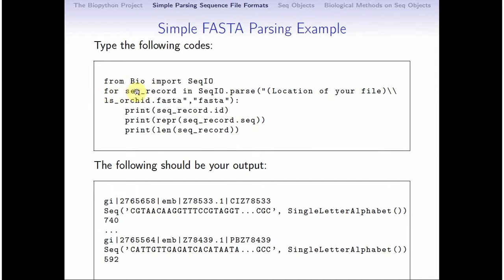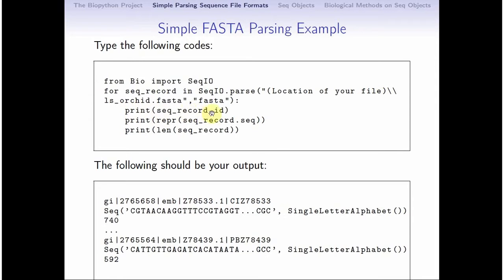For seq_record in SeqIO.parse, we pass the file ls_orchid.fasta. You must write the file name here, then the format you are parsing, which for this one is fasta. Just key in the location of your file; if you have a different file location, key in accordingly.